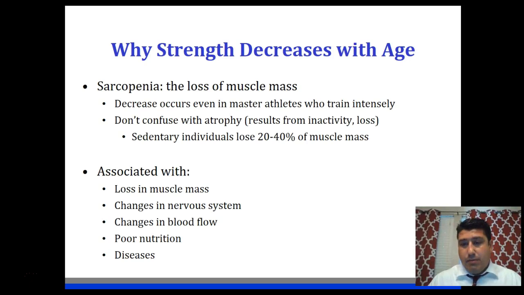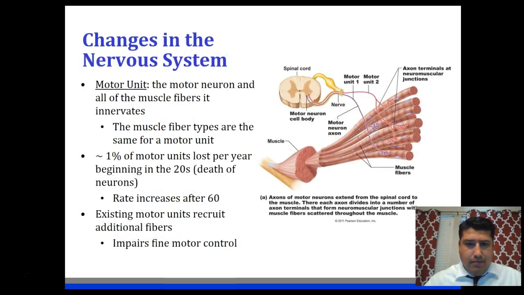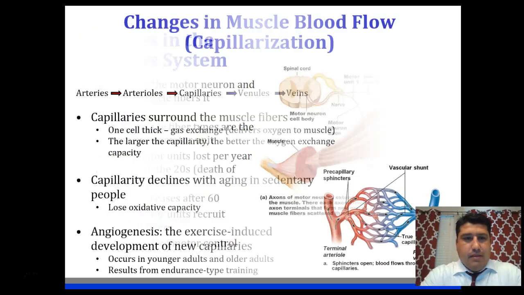So those electrical messages being sent from the brain to the muscles either aren't being received as quickly as they once were, or perhaps, let me see if I have a picture. Yeah, the nerve itself is having to send messages to more muscle fibers, which decreases the speed of the firing rate. Okay.